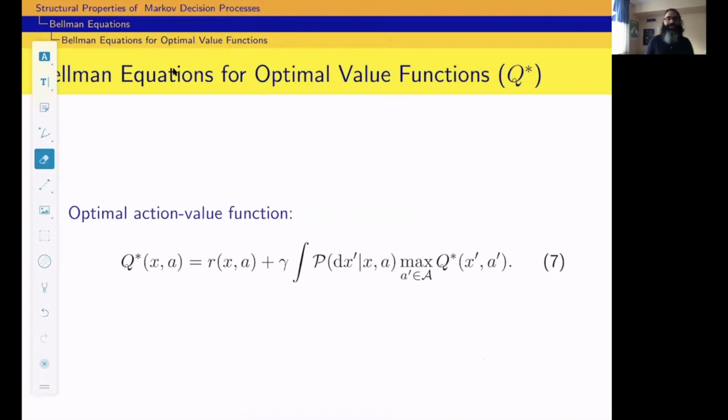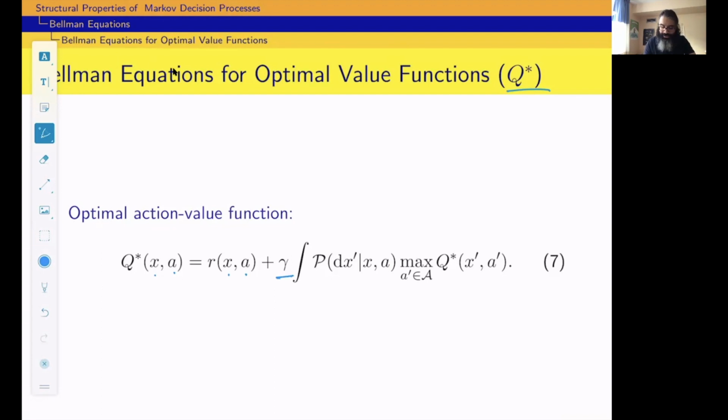that was the Bellman optimality equation for the value function. We can also define it for the action value function. So the optimal action value function satisfies this equation: q star at state x and action a is equal to R of x and a, the expected reward at state x by choosing action a, plus the discount factor times this quantity. What is this quantity?